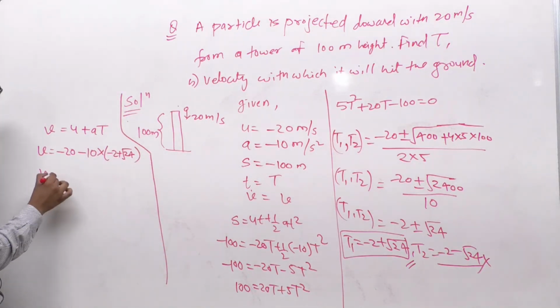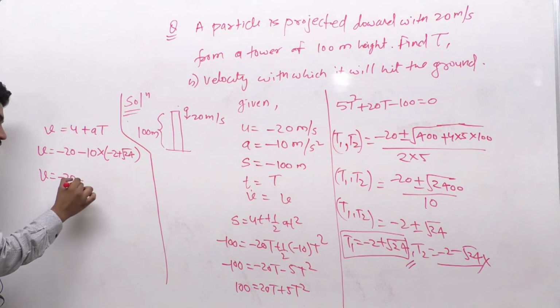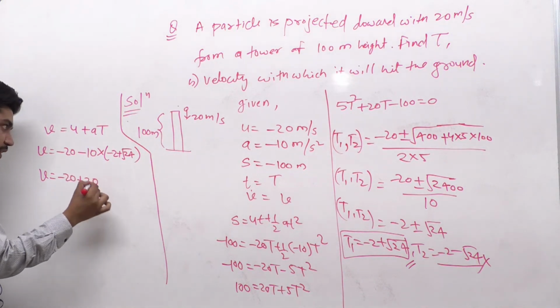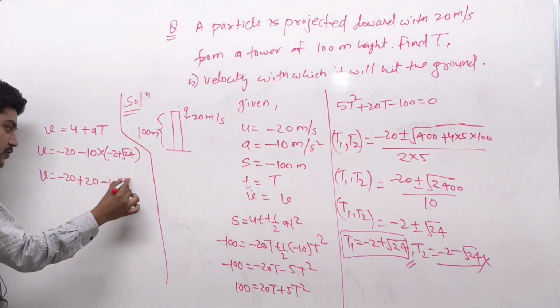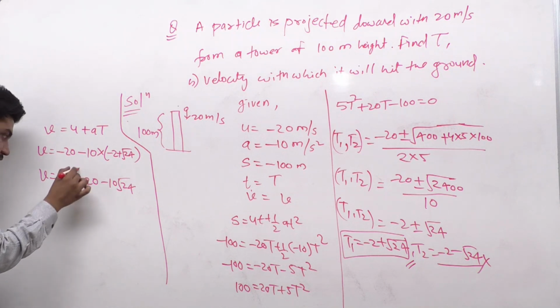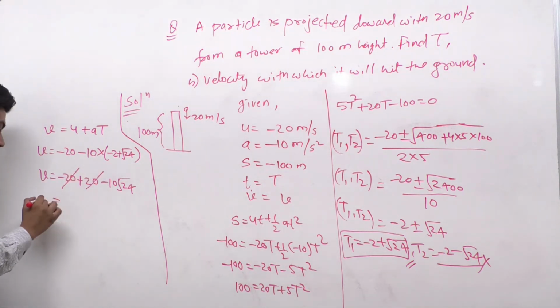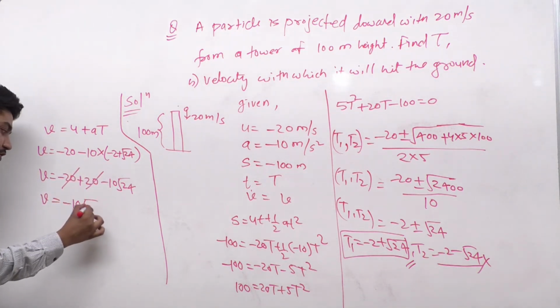So velocity is minus 20, I will just multiply that inside, so plus 20 minus 10 root 24. This 20 and this 20 will cancel out, so the velocity is minus 10 root 24 meter per second.